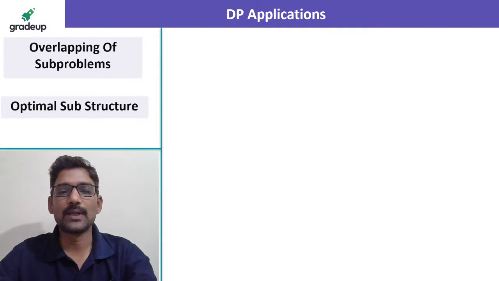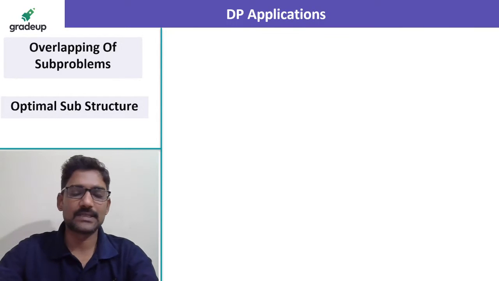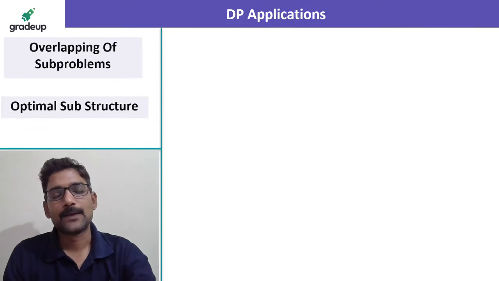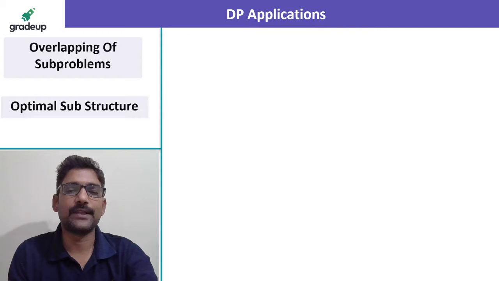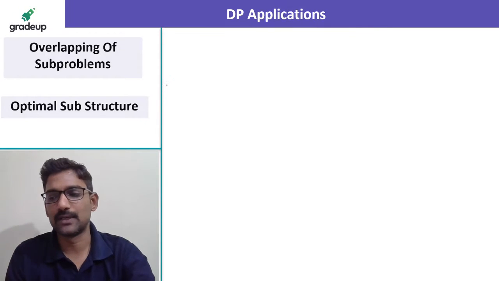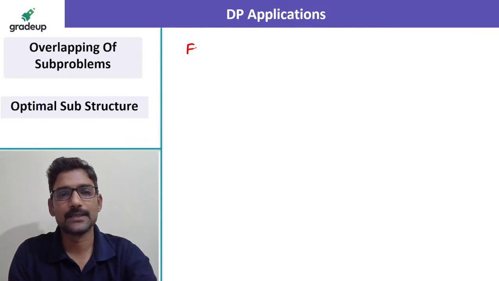What is overlapping of subproblems or optimal substructure property? To understand this, I will give a very popular regular example, that is printing the Fibonacci number.